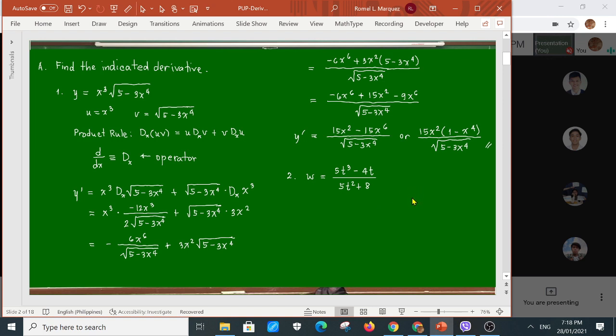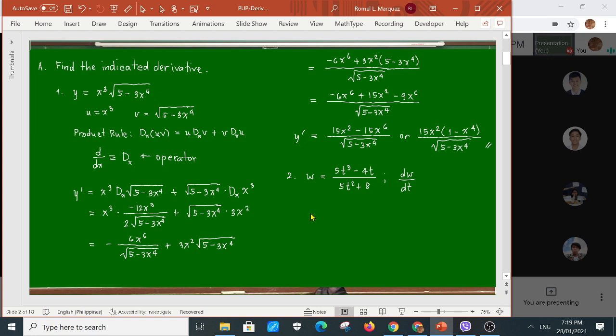That is considered a quotient. Our dependent variable is W, independent variable t. So we are going to differentiate it relative to t. Find the derivative of W with respect to t. If nothing is stated, like y and x, normally it is the derivative of y with respect to x, unless otherwise stated.